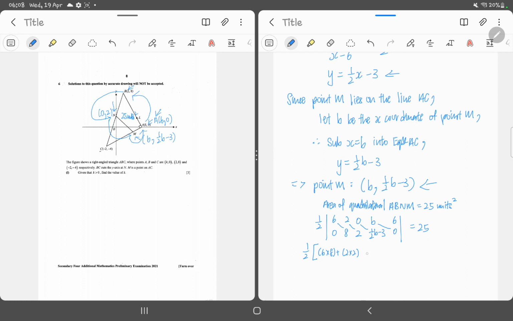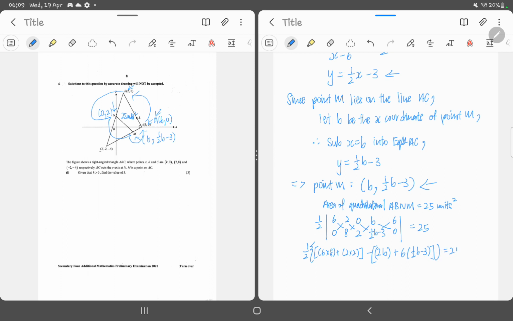Then I'm going to put a square bracket here, minus 2 times 0, which is nothing, 0 times 8, which is nothing, B times 2, which is 2B, and finally 6 times this, plus 6 times half B minus 3.